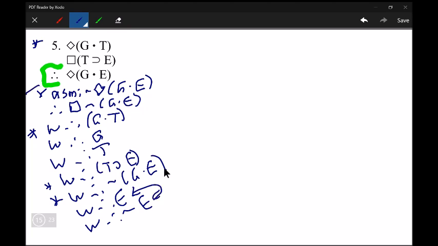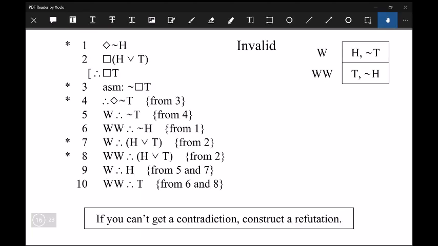Therefore it's valid. So now, what happens with the invalid ones?